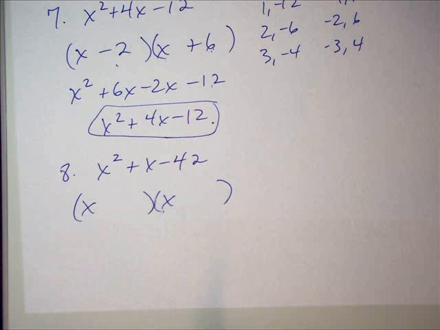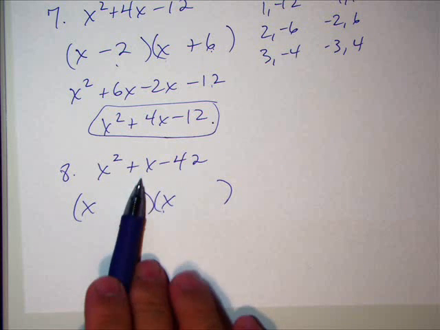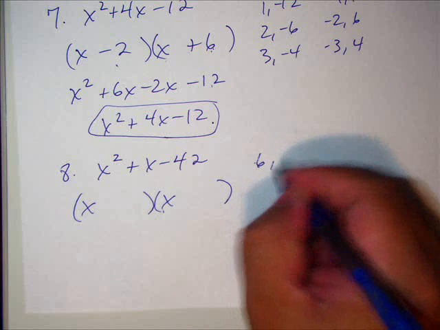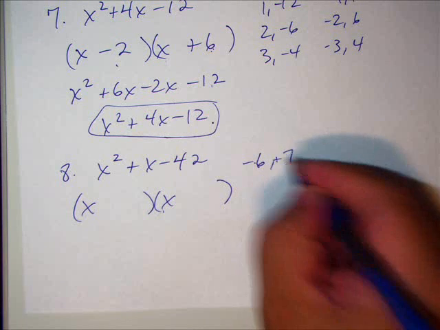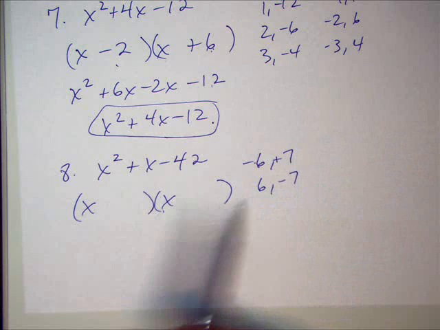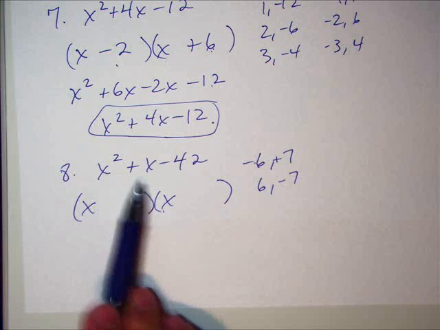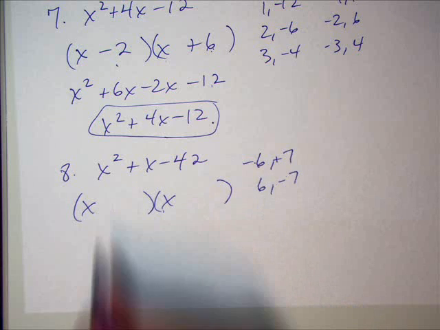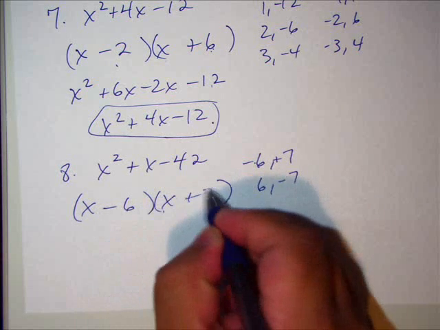X squared is x and x. What are the factors of negative 42 that combine to make positive 1? Well, 6 and 7 come to mind. It's either going to be negative 6, positive 7, or positive 6, negative 7. Because they're so close together, right? We need to get a positive 1. Negative 6 plus 7 gives us positive 1. So it's going to be minus 6 plus 7.